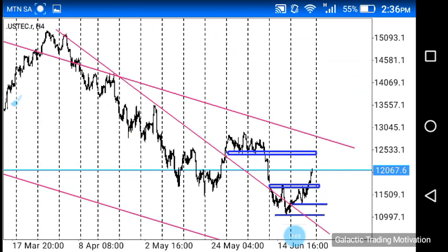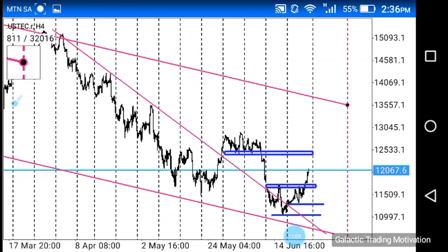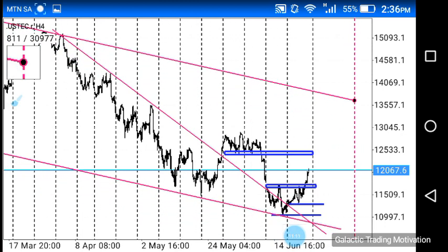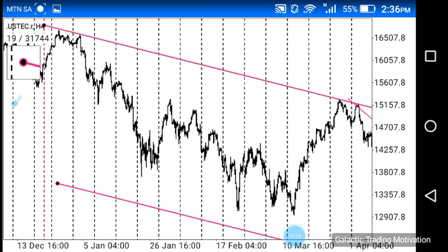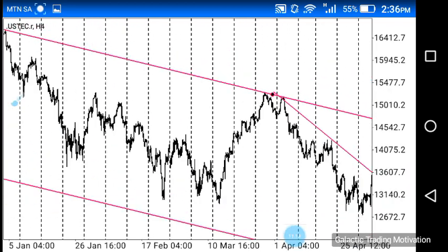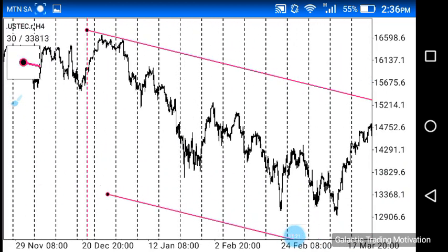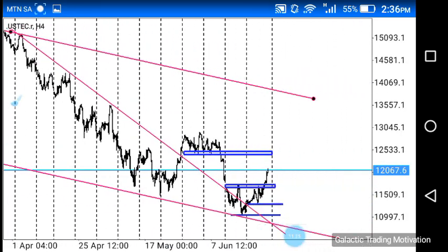There we go. On the H4 chart, I'm just gonna fix my lines. Just bear with me. Yeah, that should be fine.